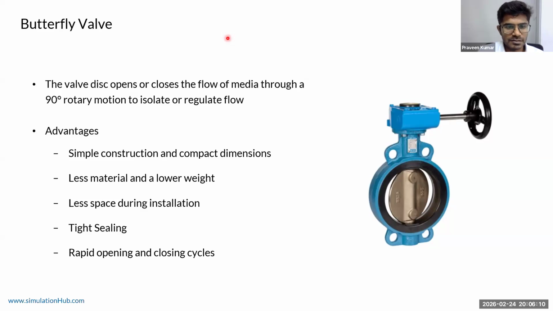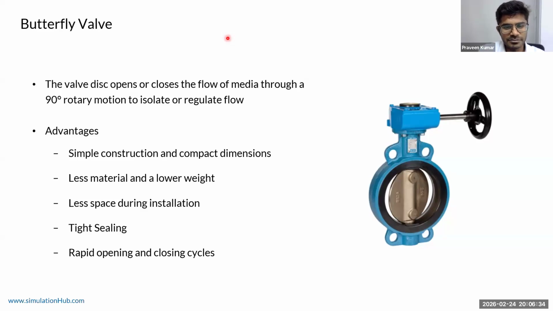What are its advantages? It's very simple in construction. You can see the parts are simple: the disc, the shaft, the valve body, and the lining. It is actuated manually, electrically or hydraulically.